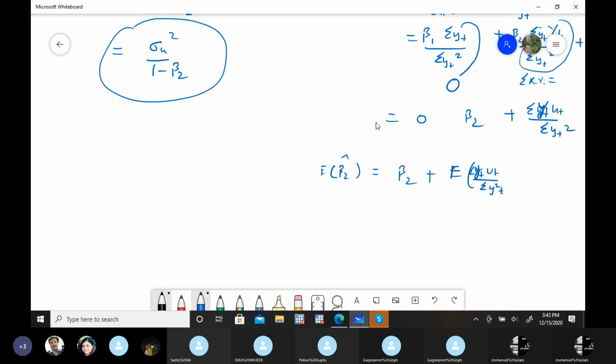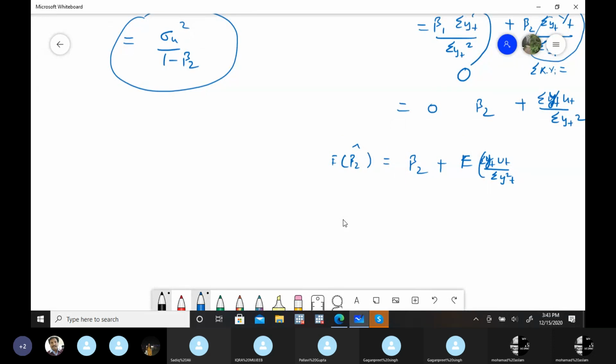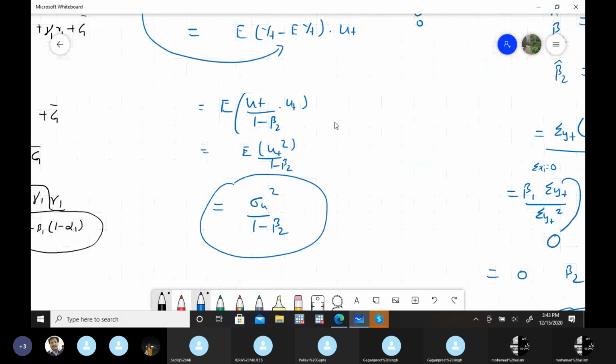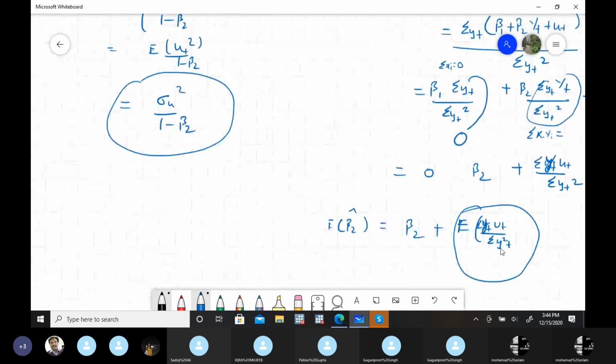Now the results are biased. It's not 0. Why is it not 0? I proved that the covariance between Y and U is not 0. If it were 0, the results would be unbiased. But since this covariance is not 0, and is some positive value, it means the results are biased.